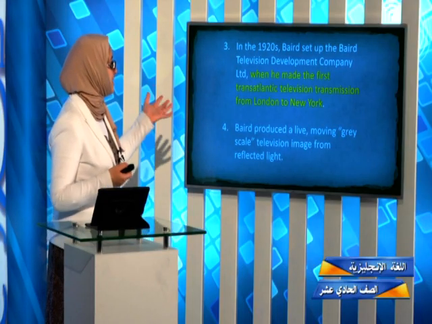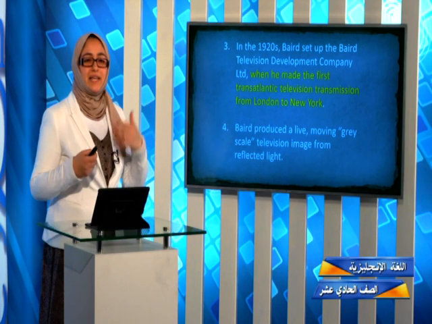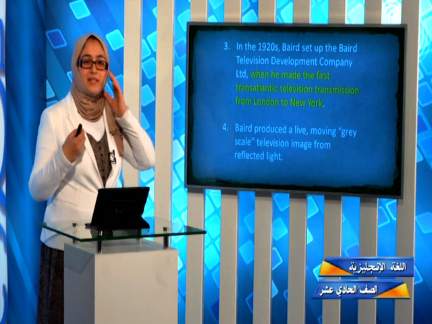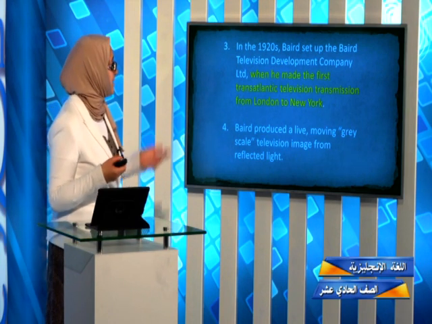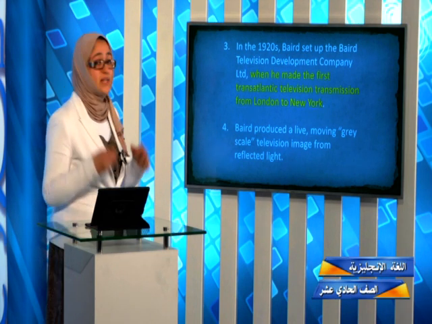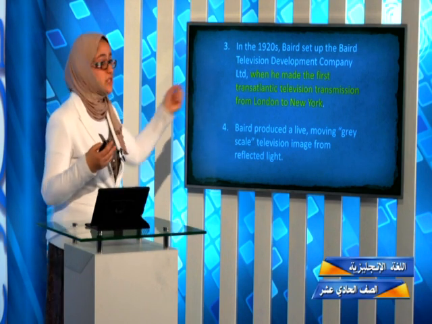Now, if we look at the sentence that is highlighted in the third one, we notice that it is not really essential in that if it was removed from the sentence, we still have a very coherent, meaningful sentence. So if it was read, in the 1920s, Baird set up the Baird Television Development Company Limited, and we stop there, it does not affect the rest of the sentence if the relative clause was removed.